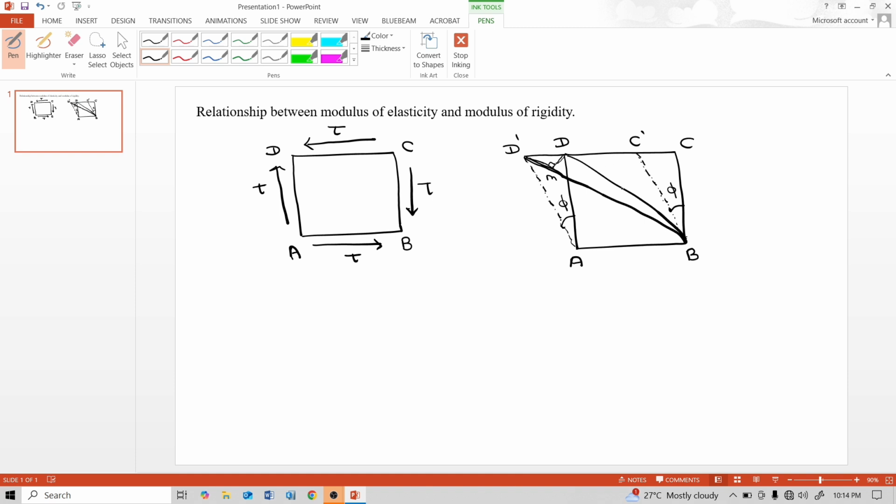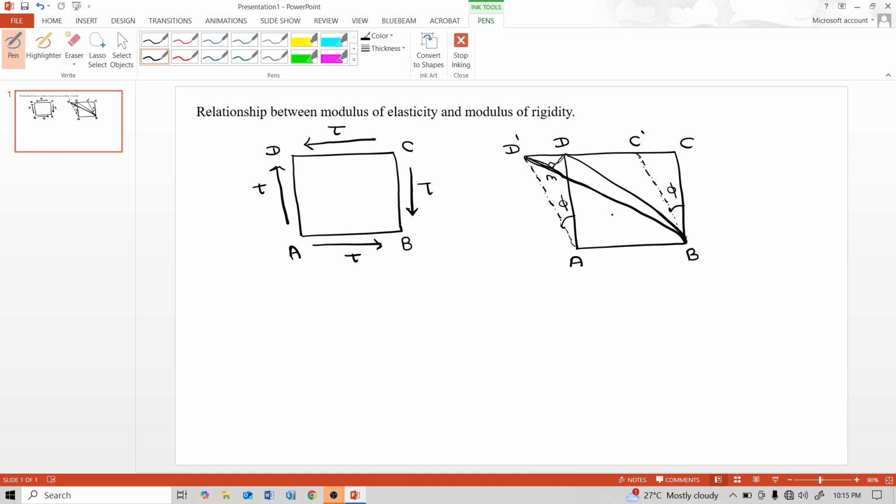See this cube diagonal BD, and after the tangential shear force acts, this diagonal changes to BD dash. This diagonal increases, elongation occurs in BD, and after the tangential force, BD goes to BD dash.